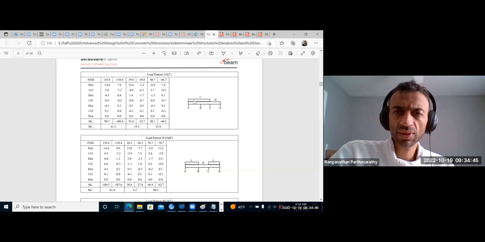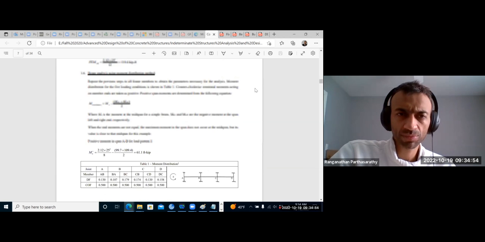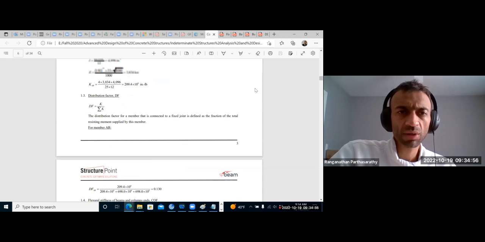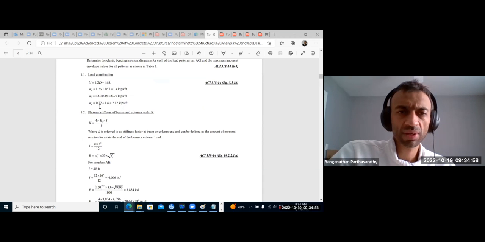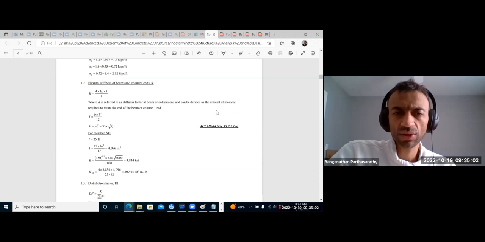For this particular one, we have full dead and live load here. So what is our WL square by 8 value? W is 1.2 WD plus 1.6 WL, so 2.12, right? 2.12.